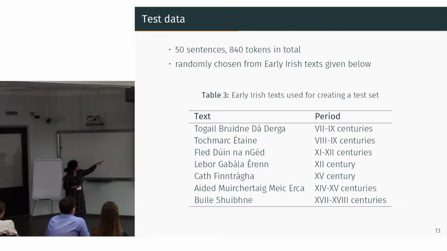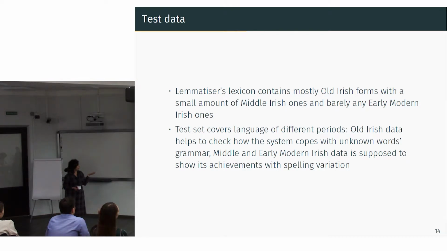The texts range from the 7th century to the 18th century. The lemmatizer's lexicon, developed from the DIL, contains mostly Old Irish forms, so like 7th to 10th century, and barely any Early Modern Irish ones from the 17th and 18th centuries. So the test set covers all periods.